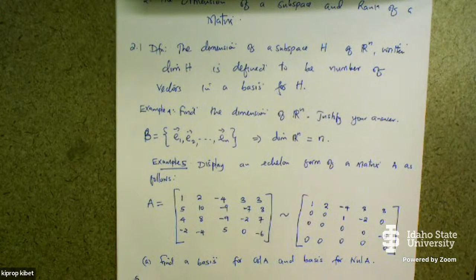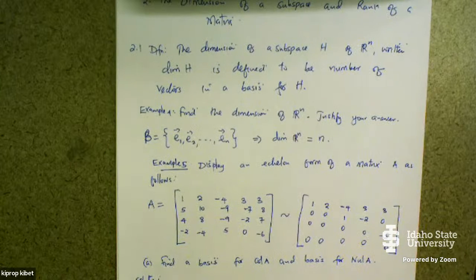So let's look at the first one, the solution. For the basis for the column space of A, you look at the columns which have a pivot position. So if you look at this, this is the first pivot position. When you come to this one, this is the second one, and then when you come here.